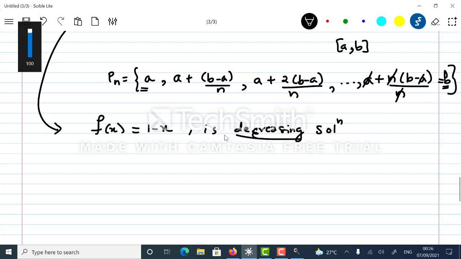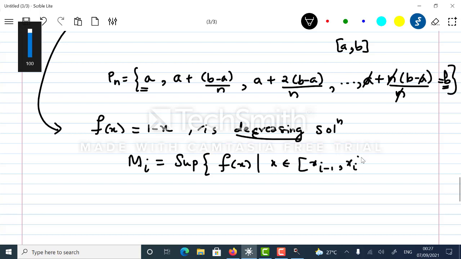Now, if it is a decreasing function, then my capital Mi will occur at the starting point. What is capital Mi? Here one should note that it is the supremum of f of x such that x belongs to xi minus 1 comma xi.